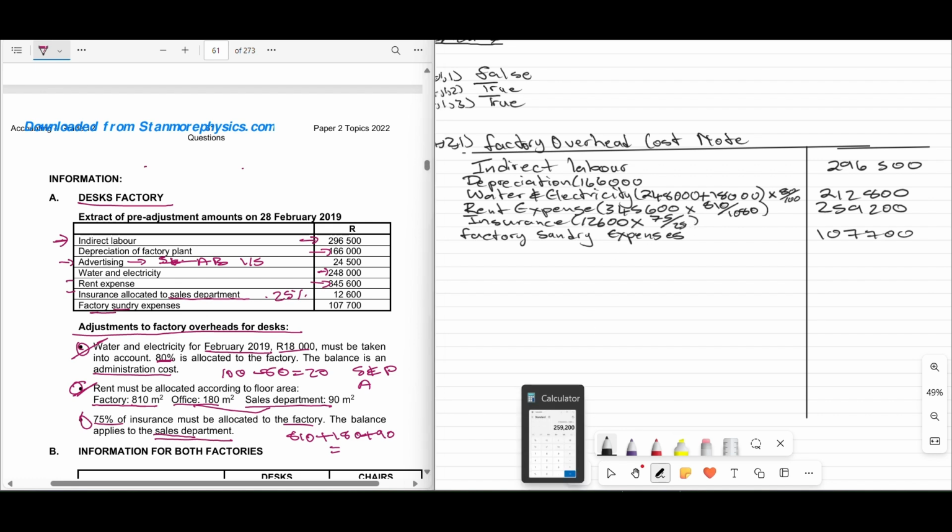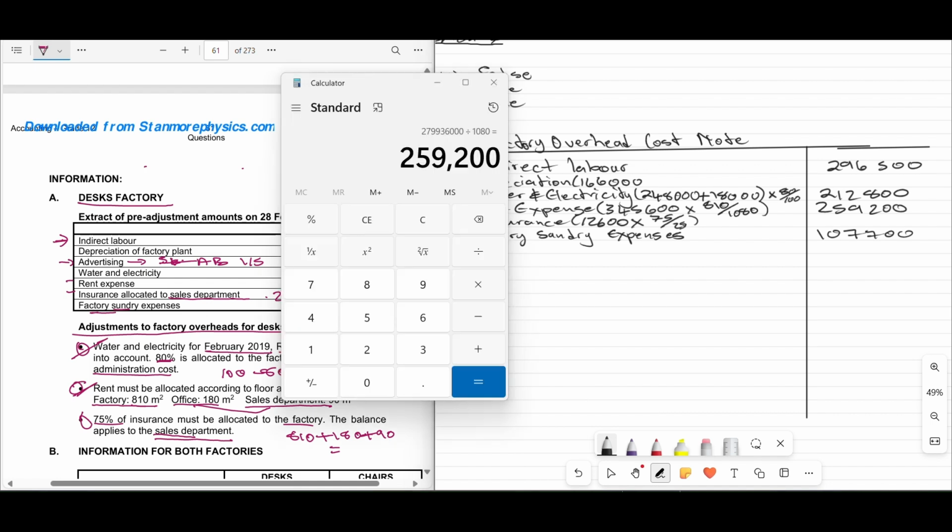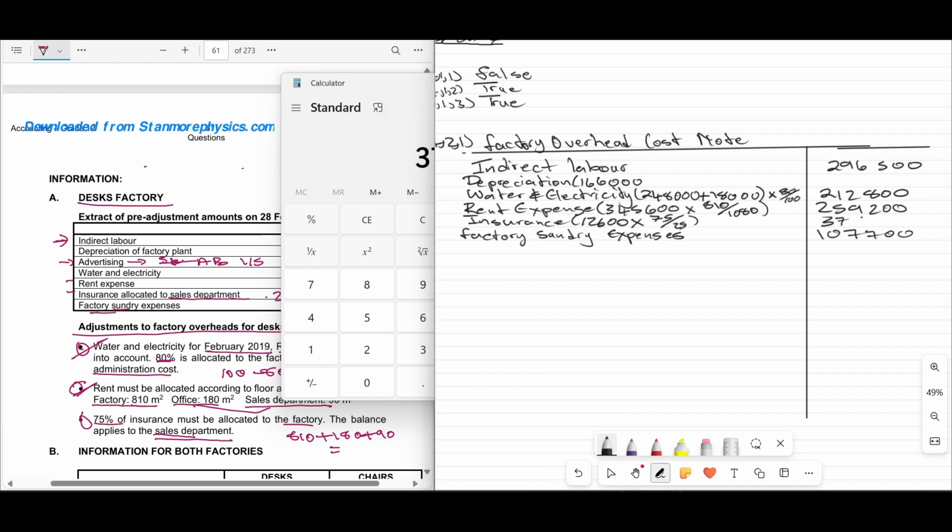So you can still get 100% by saying 12,600 multiplied by 100 divided by 25, and you minus 12,600. So let's see, 12,600 times 75 divided by 25. We get 37,800.